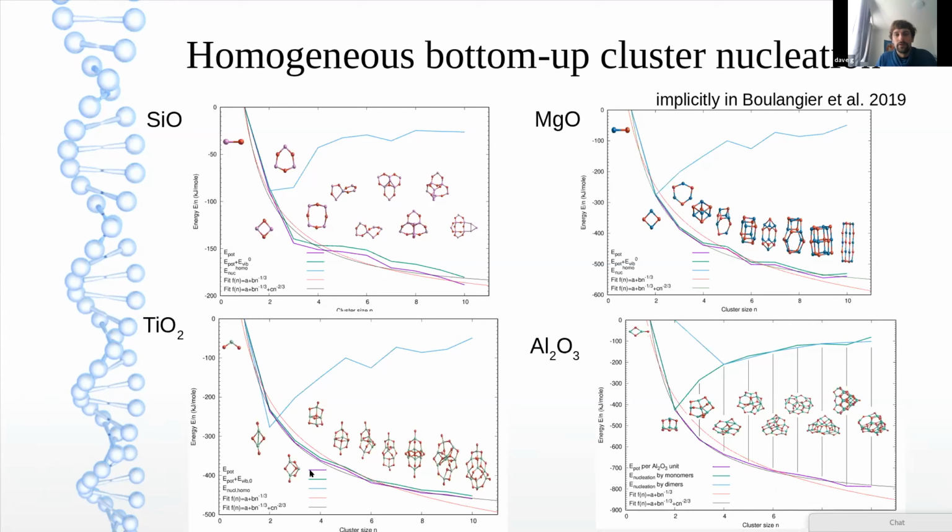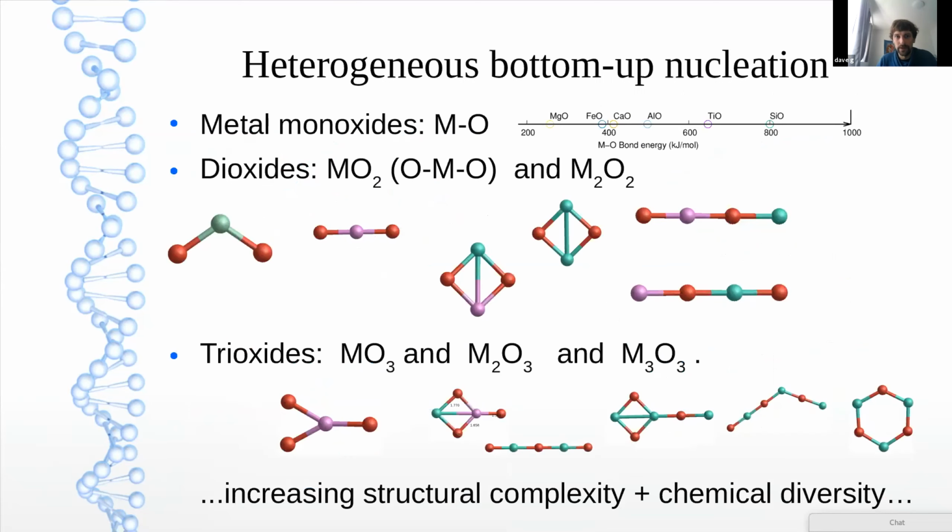That was all done with homogeneous clusters, meaning one certain species of dust clusters. You can also do that in a heterogeneous way. If you do that, you could start by saying, okay, we have metal monoxides. Their structure is quite clear. They just have an oxygen and a metal.